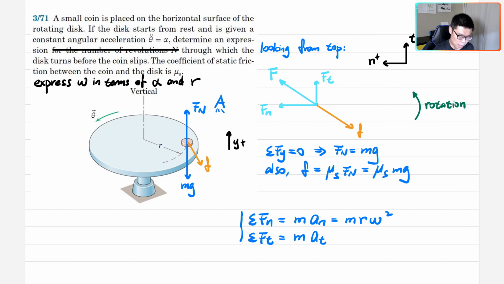I'm choosing r omega squared as my a_n, and my a_t is r theta double dot, the angular acceleration, which we'll just replace with alpha, so it is r alpha. These are the three equations we have: the friction, the normal direction force, and the tangential direction force.